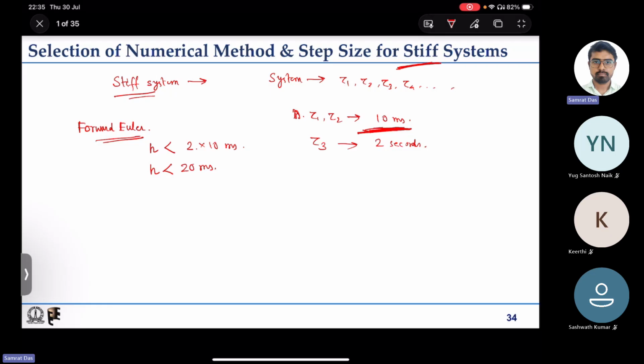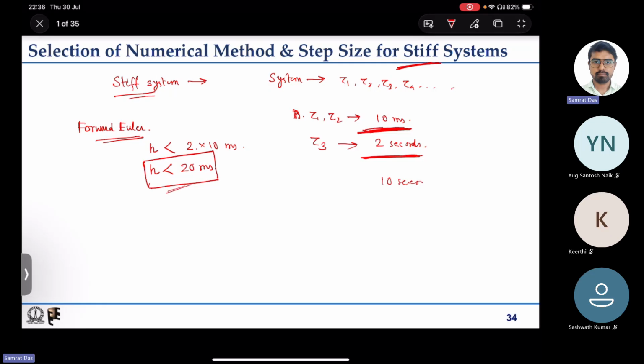Of course the speed will come back as back EMF, and that will disturb the electrical side also, but not much. So if we want to simulate a stiff system using the forward Euler method, then you will have to go to very small time steps, because your mechanical time constant is 2 seconds, so at least 10 seconds will be required for any disturbance to settle down.